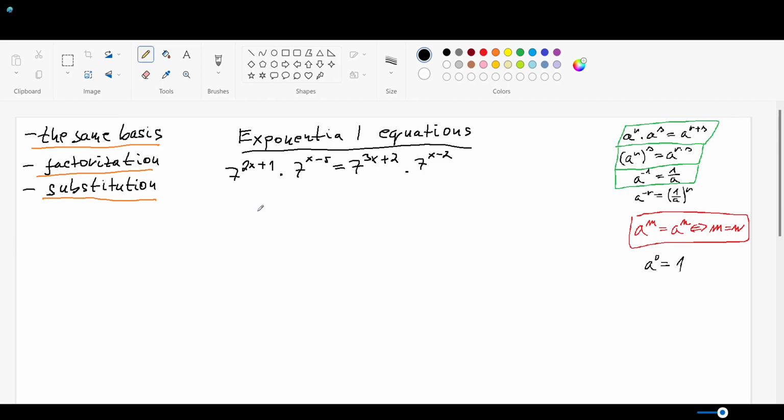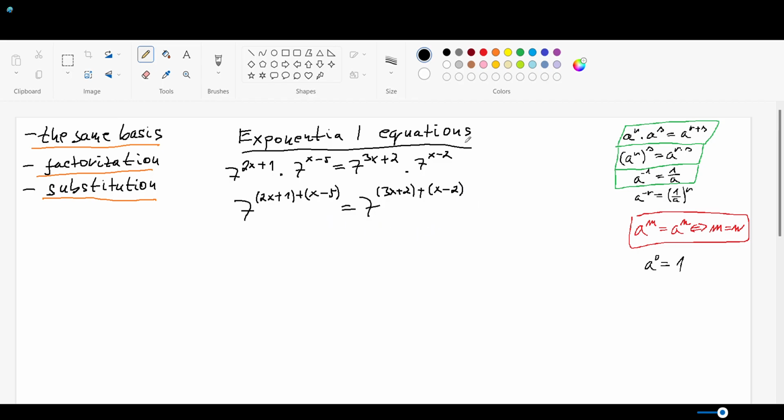So let's do it here. It's going to be 7 to the power of 2x plus 1 plus the second exponent, x minus 5, is equal to 7 to the power of 3x plus 2 plus the second exponent, which is x take away 2.